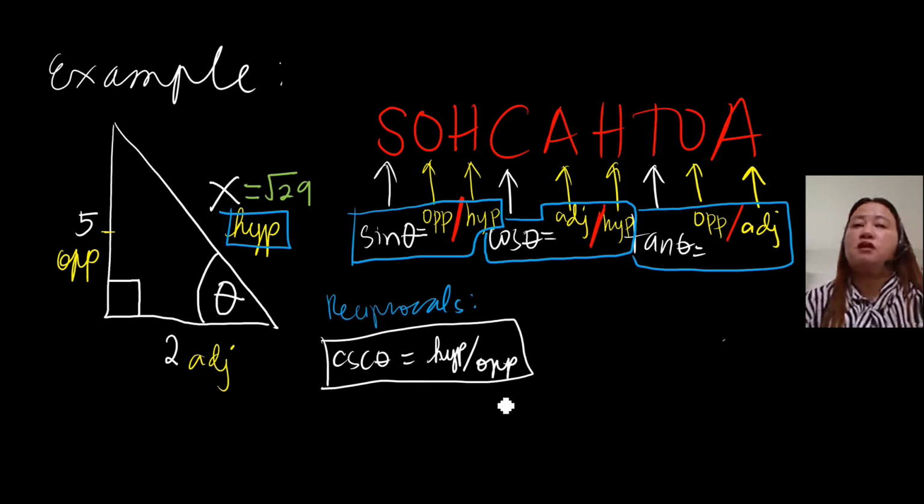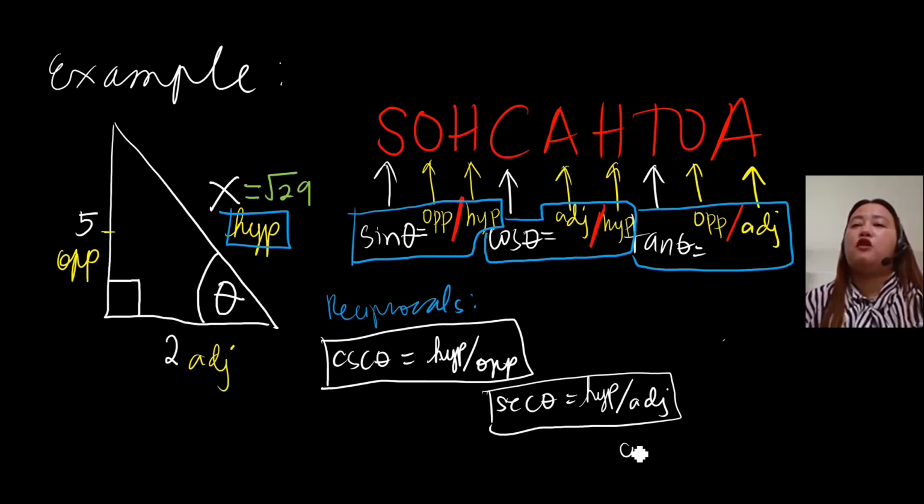For cosine, the reciprocal is secant theta. If in cosine adjacent is in the numerator, for secant, adjacent is in the denominator, with hypotenuse in the numerator. This is secant. Then the reciprocal of tangent is cotangent theta.